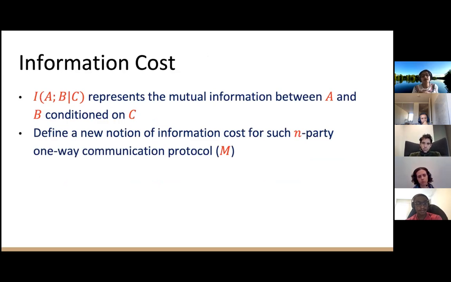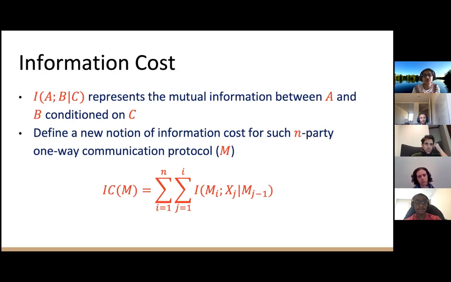So to prove lower bounds against streaming algorithms, we define a new notion of information cost for such n-party one-way communication protocols, which are appropriate for proving strong memory lower bounds against streaming algorithms.